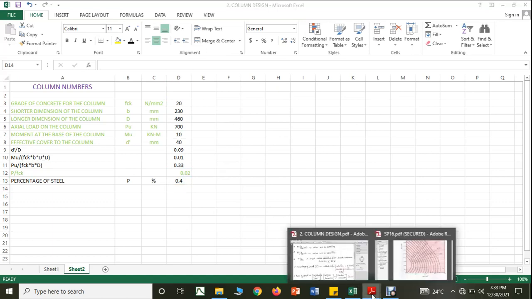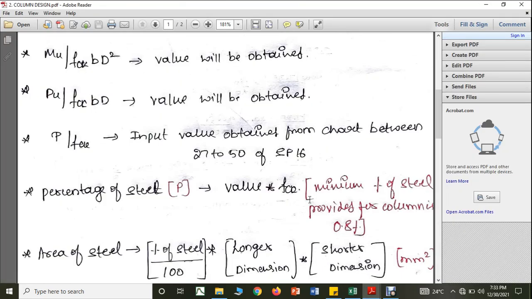But as per IS 456-2000, when you want to give reinforcement to the column, the minimum percentage of reinforcement that you are supposed to give for the column is 0.8%, whereas the maximum percentage of reinforcement that you can give to the column is 4 to 6%.